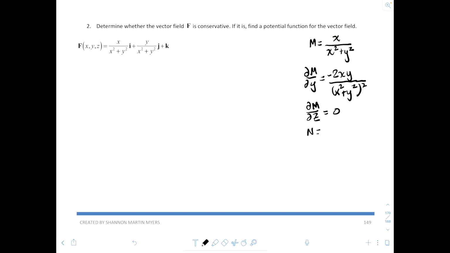N is equal to the coefficient to the j vector, so that is y over x squared plus y squared. The partials we need for N: the first partial of N with respect to x, which will be negative 2xy over x squared plus y squared, squared, using our chain rule again.